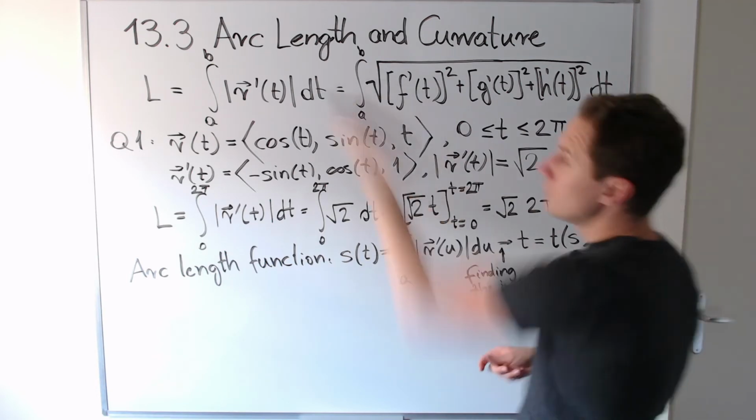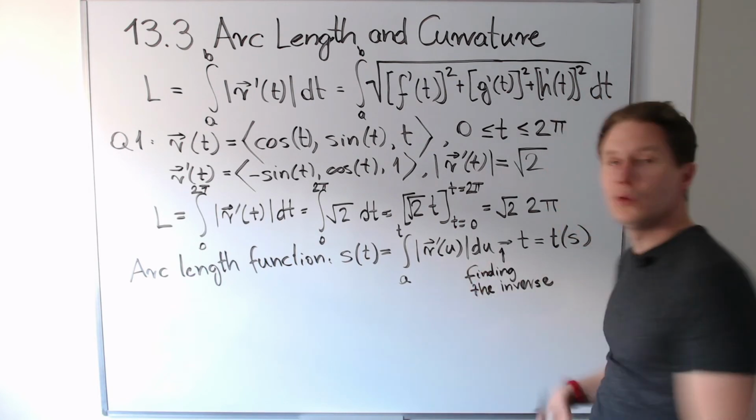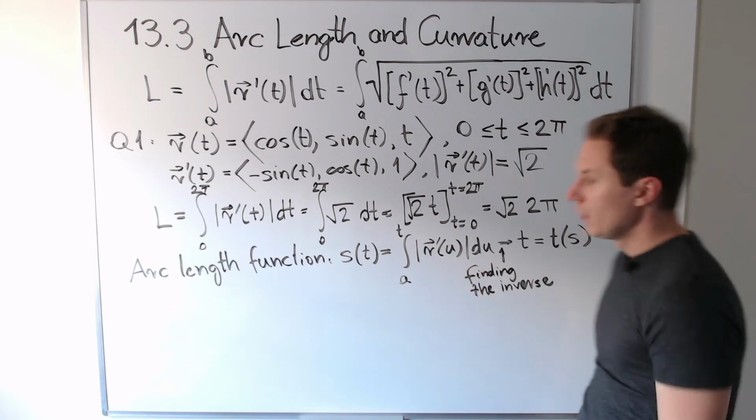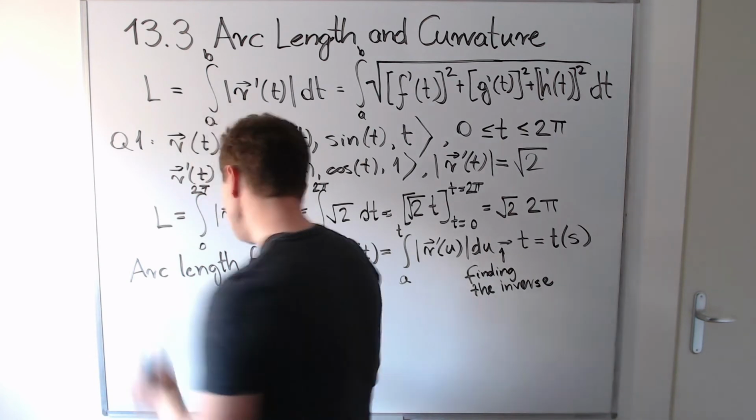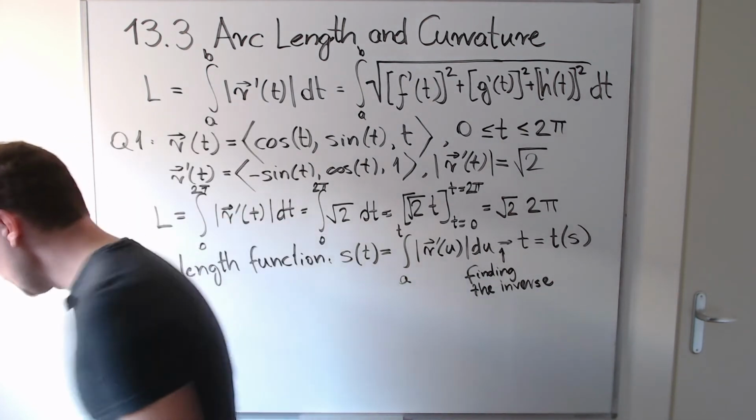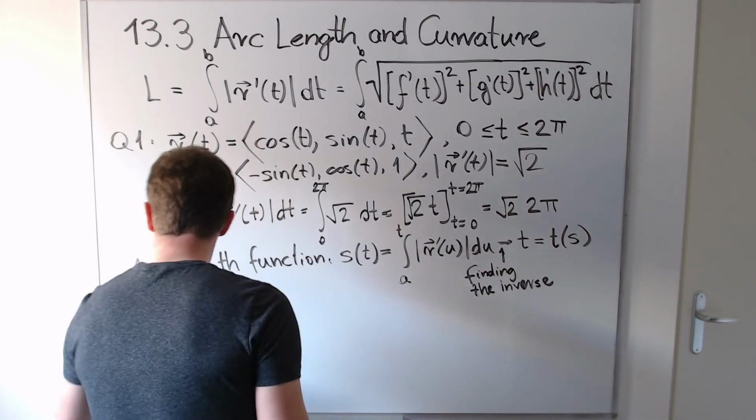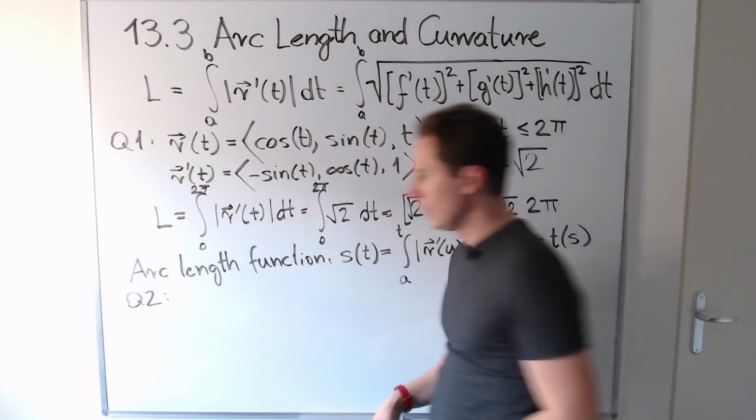Substituting that into r(t) will give you the arc length parameterization. So let me show you, well, I'll give you a question, and this will illustrate this.